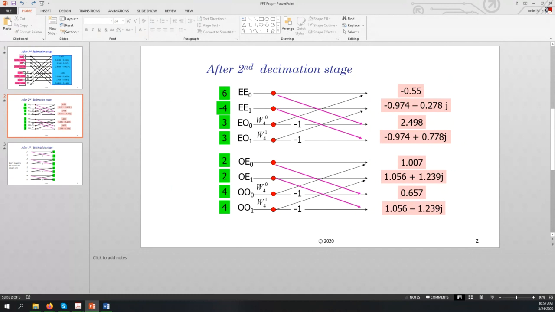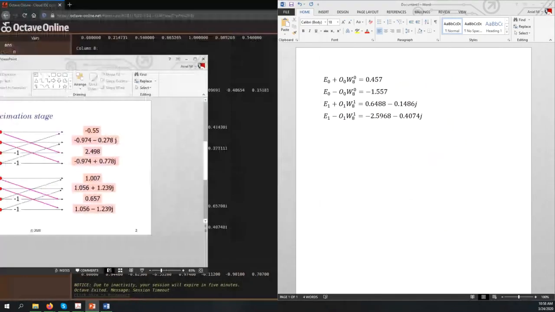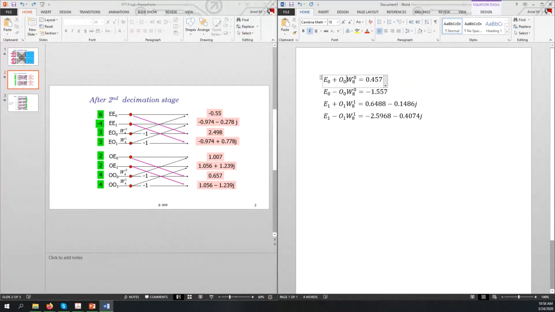So to give you an idea of how this tends to get a little bit cumbersome, because we're at the second decimation stage, I want to show you guys one of these simultaneous equations that we need to solve for.